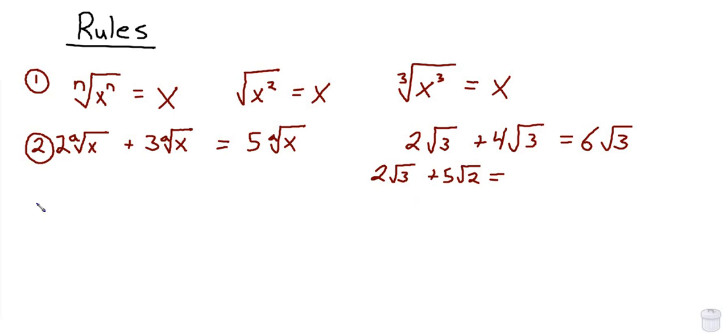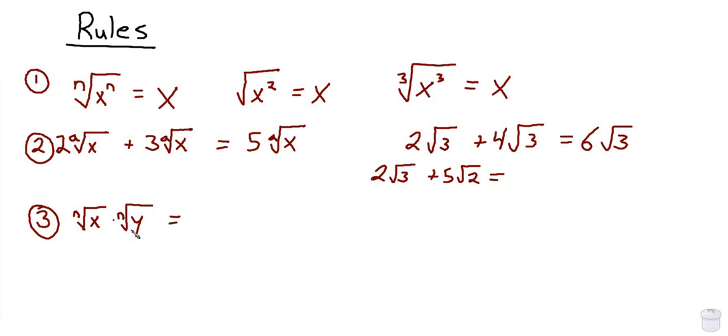Okay, now we also want to take a look at the product and quotient rule. Okay, so the product rule. We've done a little bit of this already, but let's say that I have the nth root of x times the nth root of y.